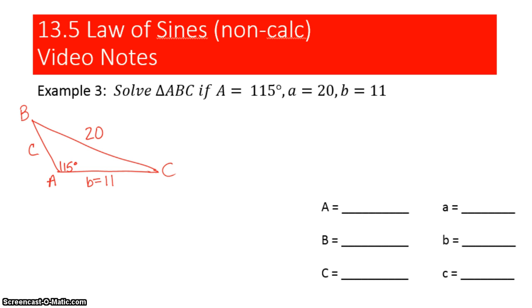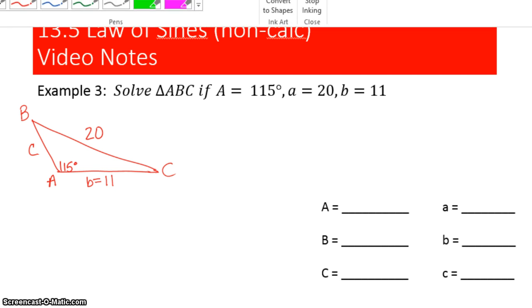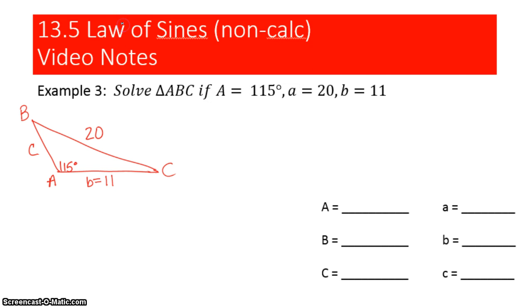Okay, so if now we write up our law of sines, we're going to start with A, and we're going to say sine of 115 degrees over side A, which is 20. We have sine of angle B, which we don't know, over side B, which is 11. And then we have sine of angle C, which we don't know, over side C, which we also don't know.